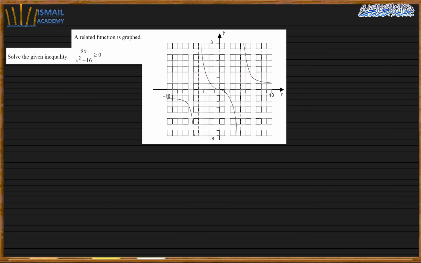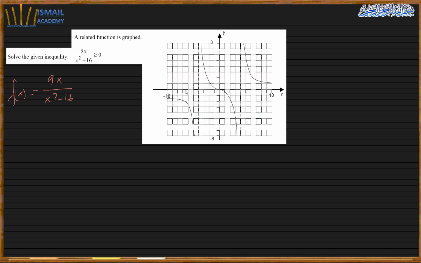Alright, so let's move on here. Here they ask me to solve the inequality using the graph. This is my function, which is 9x over x squared minus 16, and this is the graph of that function. What they want is when it is greater than or equal to 0.